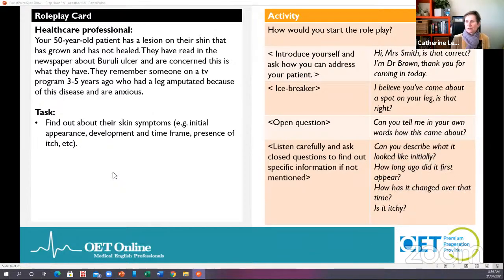So your questions could be based on these words in brackets. Try not to use the exact words in brackets. We're using them as an idea to help us remember.